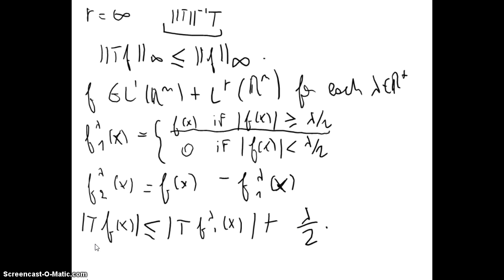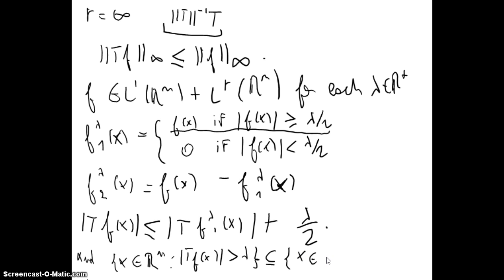And we will also have that the set of points x in Rn such that T f of x is greater than lambda will be included in the set of x in Rn such that the absolute value of T f lambda 1 of x is greater than lambda over 2.